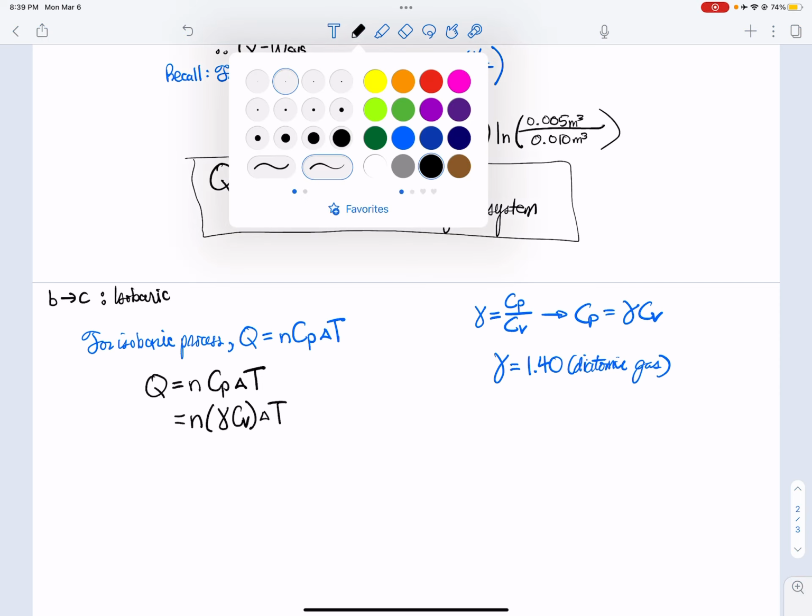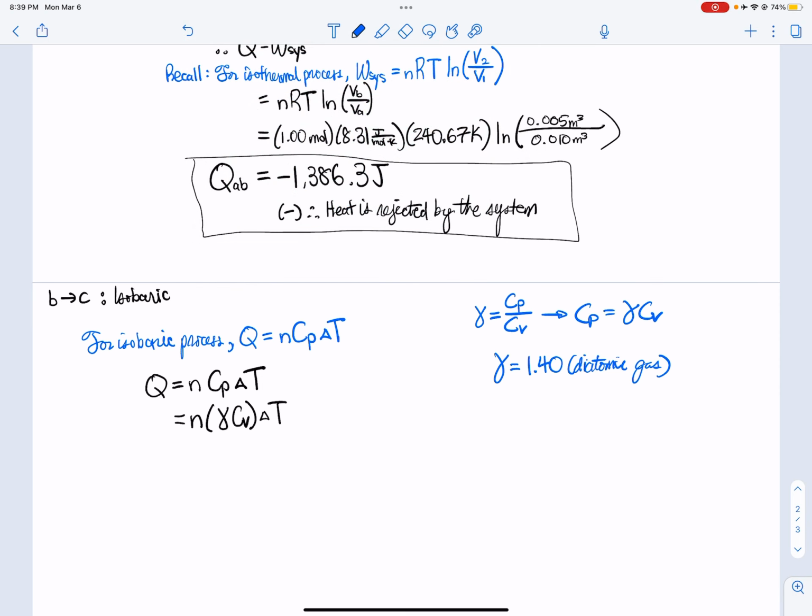I guess we should also know that this also comes from the notes in the book, that for a diatomic gas, the molar heat capacity for constant volume, CV, is equal to 5/2 times a constant R, okay? Again, this is for a diatomic gas.